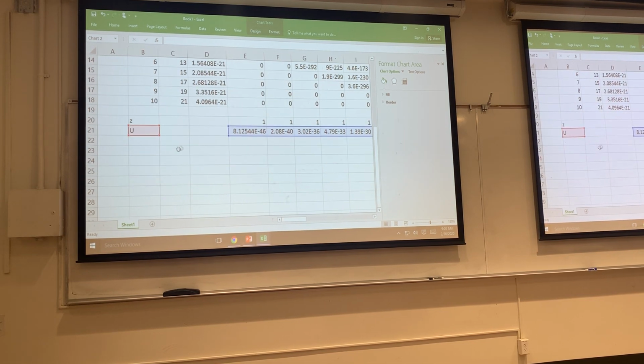I can also wonder what is the entropy of the system.